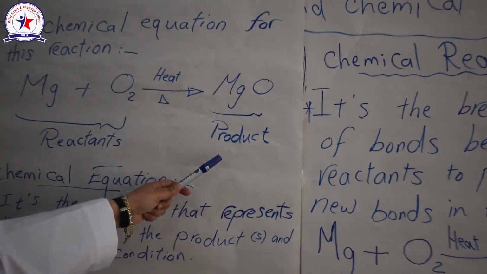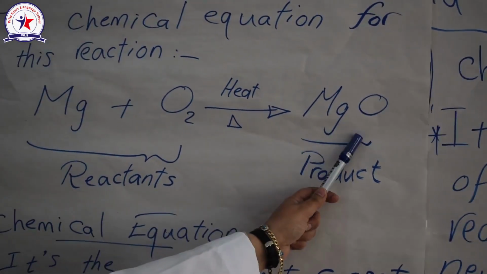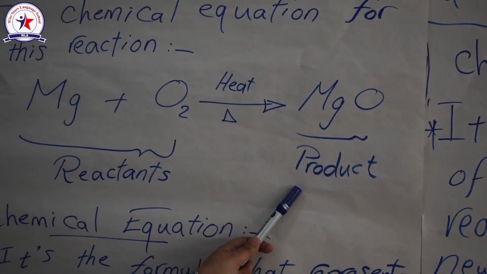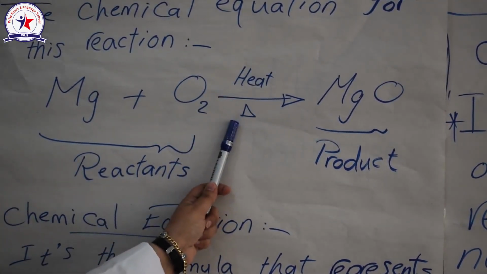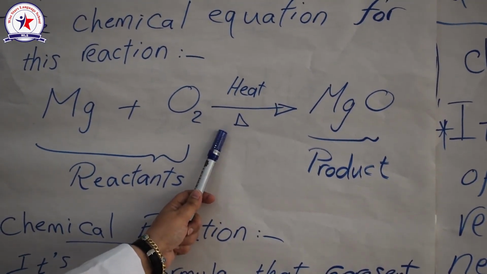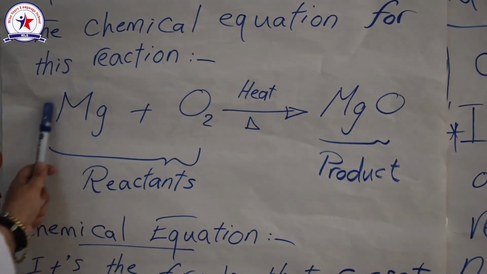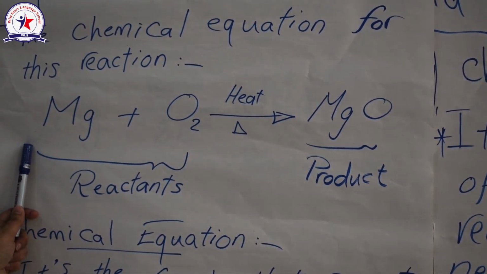What about the product that is produced after the reaction? It's magnesium oxide. It's the product. And finally, which is very important, heat. The heat is called the reaction condition. So this shape, this formula that we see, is called a chemical equation.